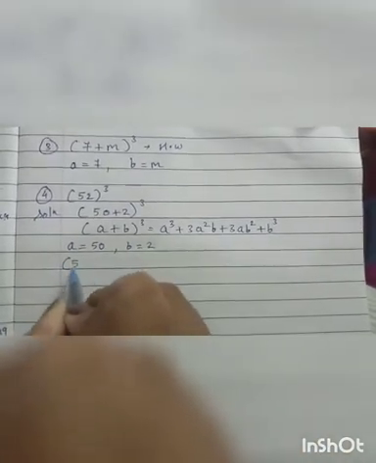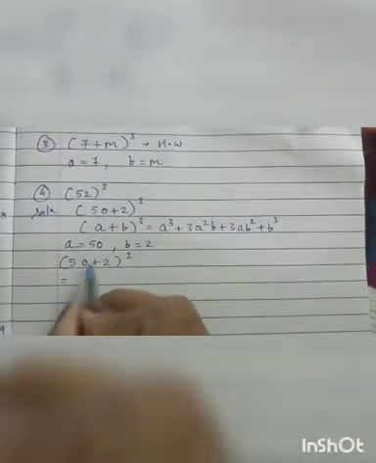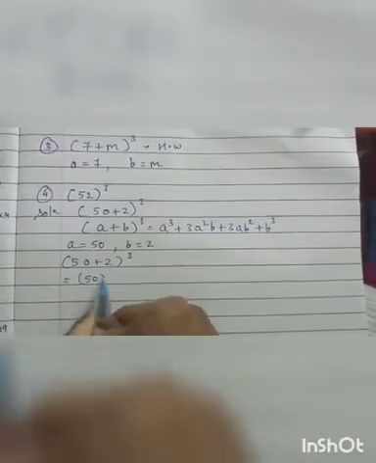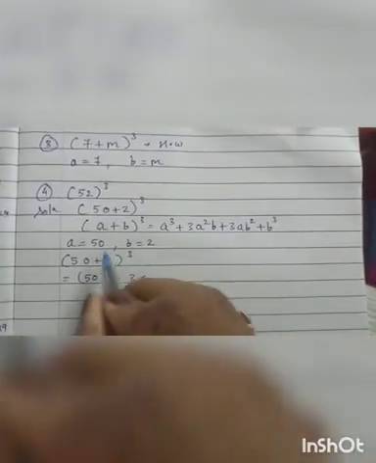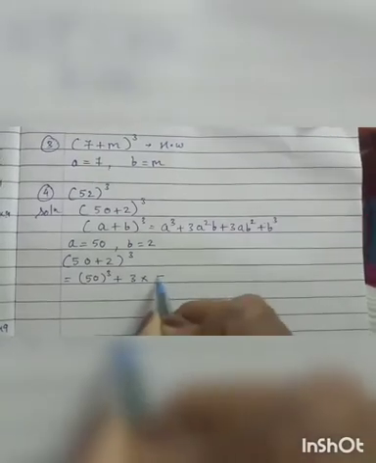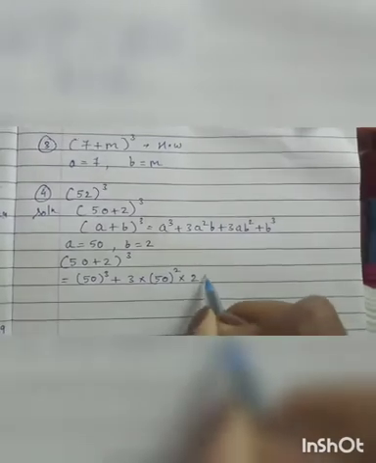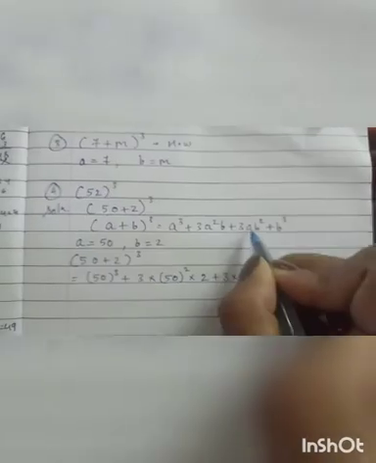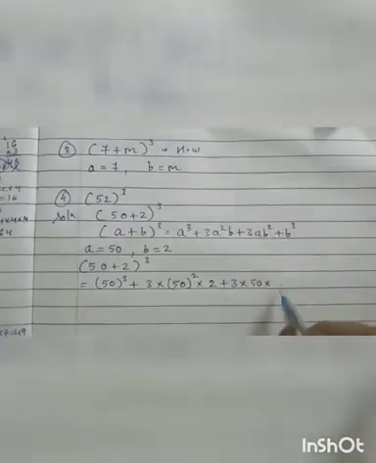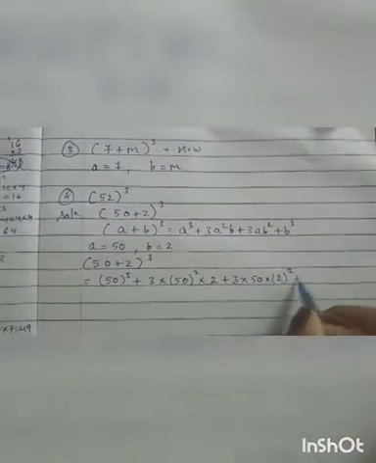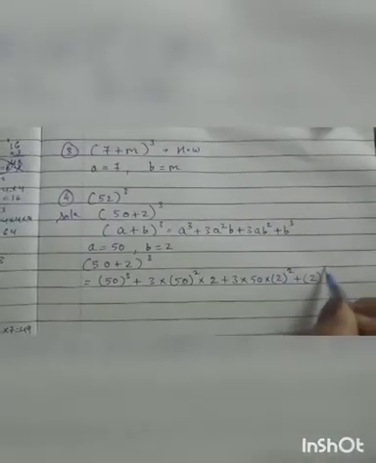So (50 + 2) whole cube = 50 cube + 3 into 50 square into 2 + 3 into 50 into 2 square + 2 cube.